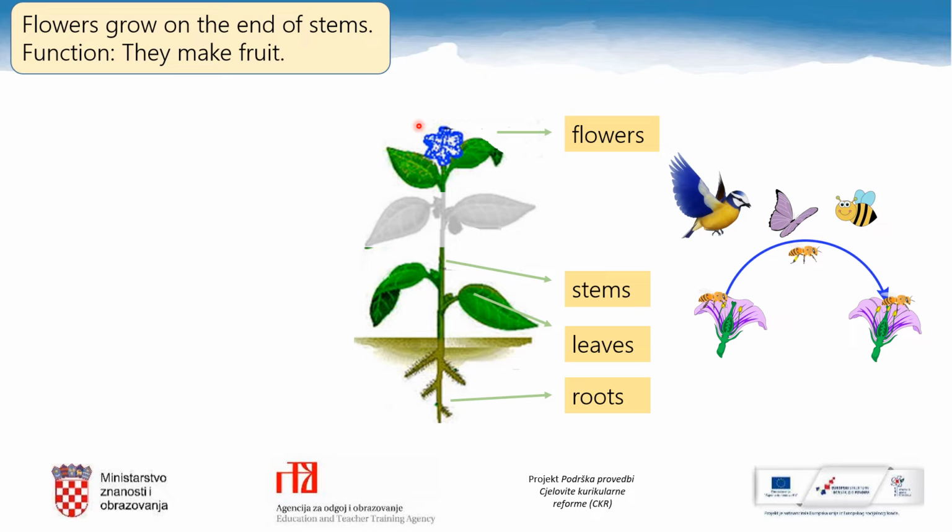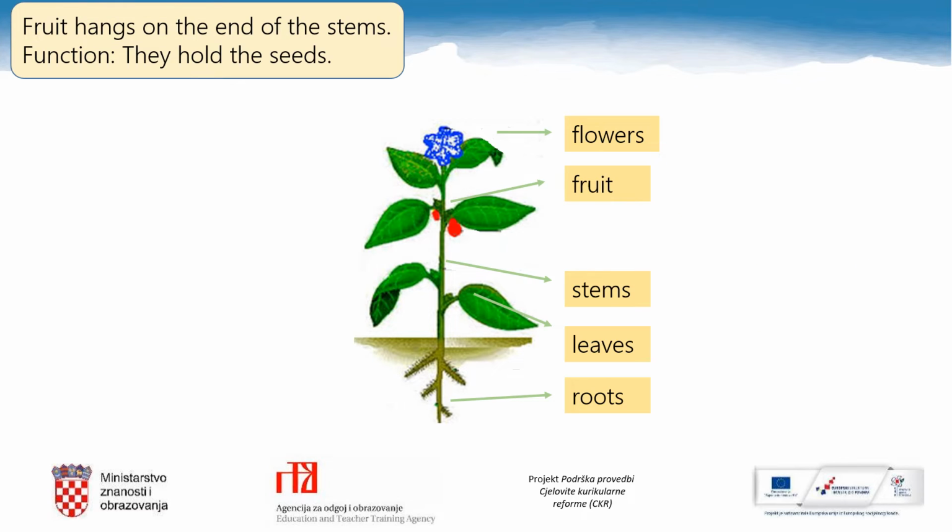They do this by moving pollen, and pollen je pelud, from one flower of a plant to another flower, and only then plants can make fruit or seeds.